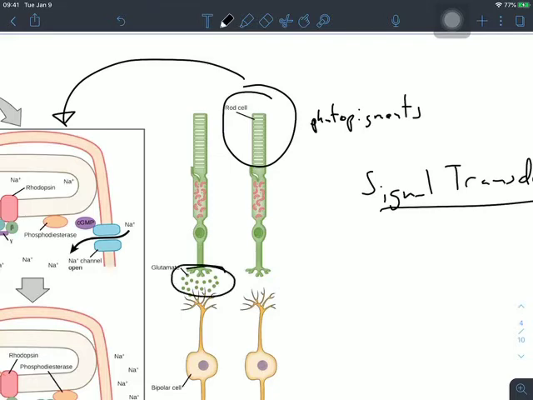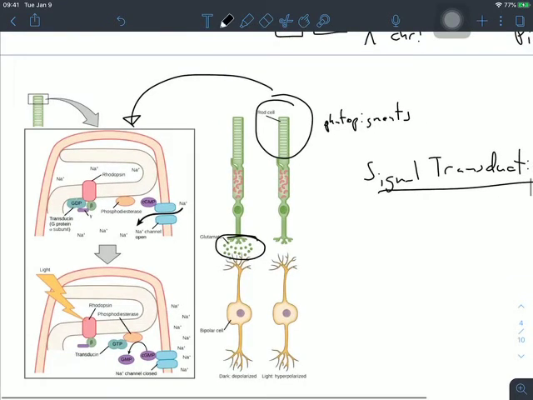The default state in darkness is for the rod cell to be sending a signal to its bipolar cell. This means that darkness is the presence of a signal.